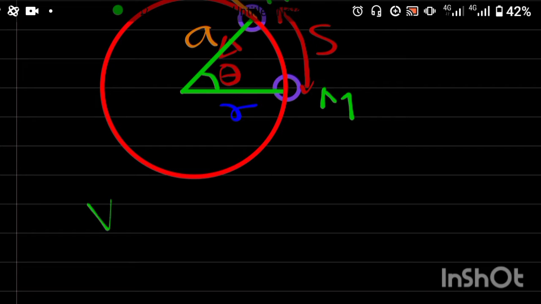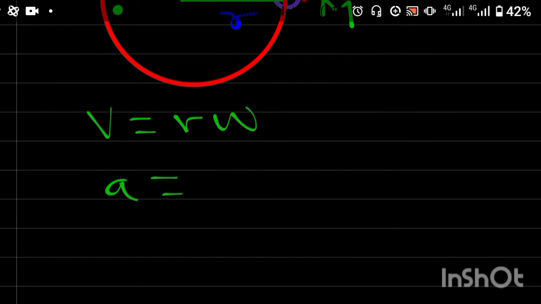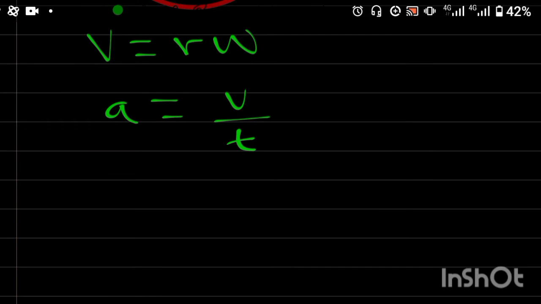We've already gotten that V is equal to R omega. But don't forget that acceleration is equal to V over time. Acceleration is equal to R omega over time.